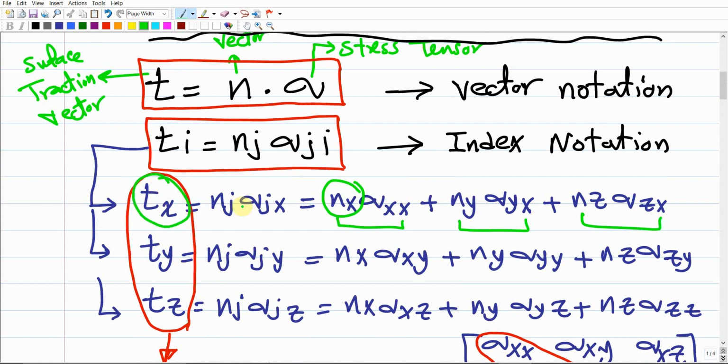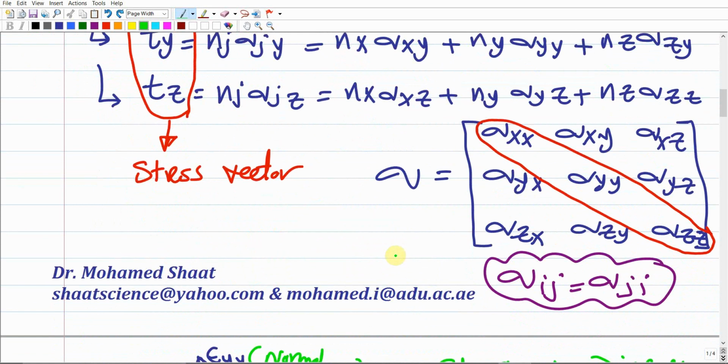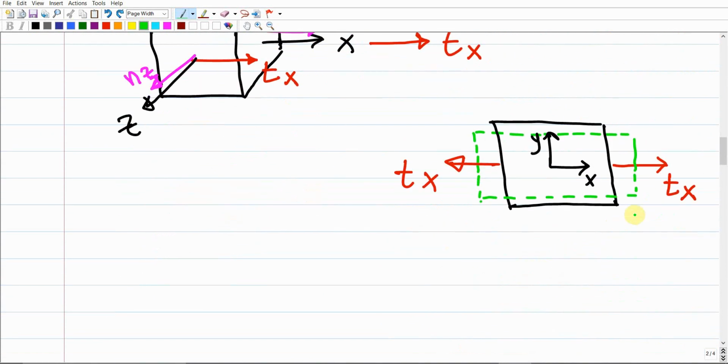So Tx acting on the surface whose normal is x is going to produce sigma xx, a normal stress known as sigma xx. Make sense? So this Tx is going to do two things. It will first of all produce epsilon xx, which is normal strain, because definitely we end up with some changes in the dimensions along the x direction, right?